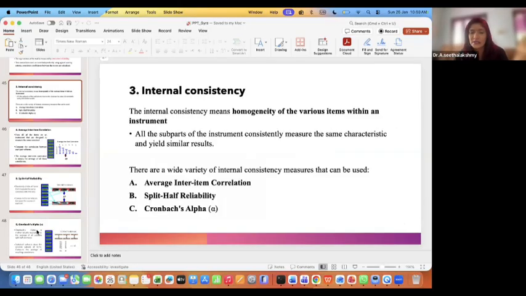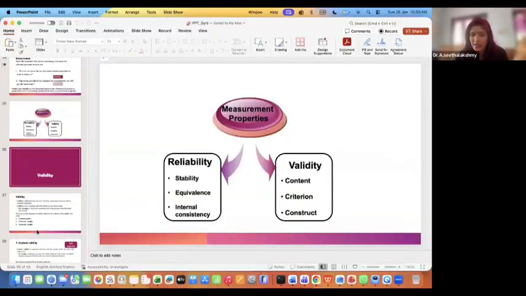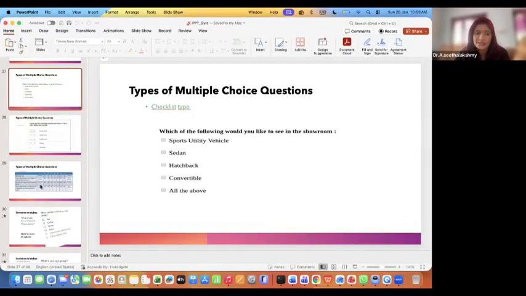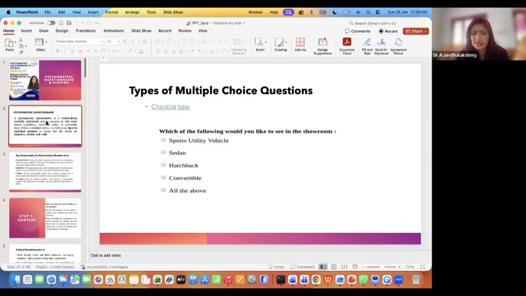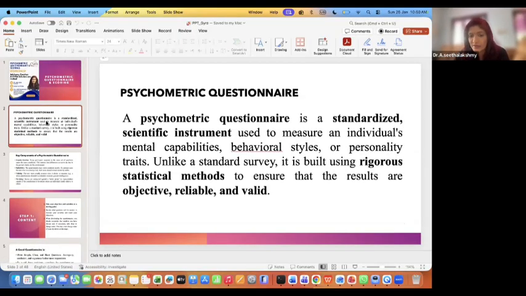So any psychometric questionnaire, right from the beginning, is a standardized scientific instrument which helps you measure things, whether mental capabilities or whatever you are measuring related to your research. Statistical methods should be used, and you need to be very clear that yes, I can use this questionnaire. It has a clear objective, and it is reliable and valid.